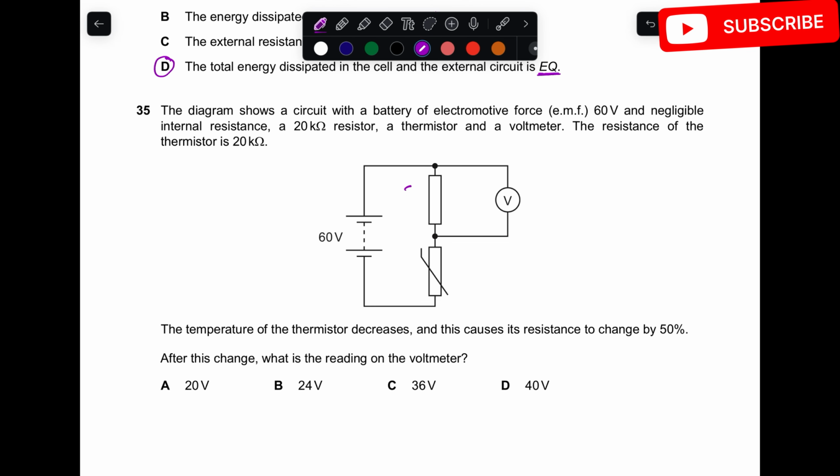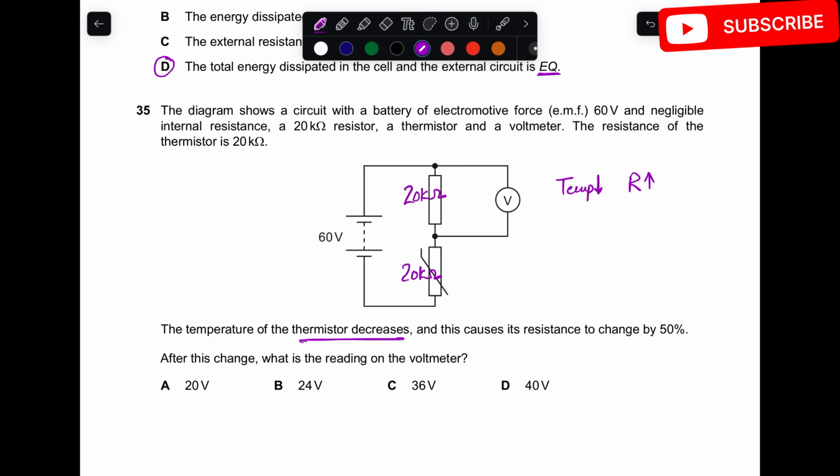Initially we have this resistance is 20 kilo ohms. This is also 20 kilo ohms. They are telling us that resistance is changing. The temperature of the thermistor decreases. Temperature decrease, resistance will increase.